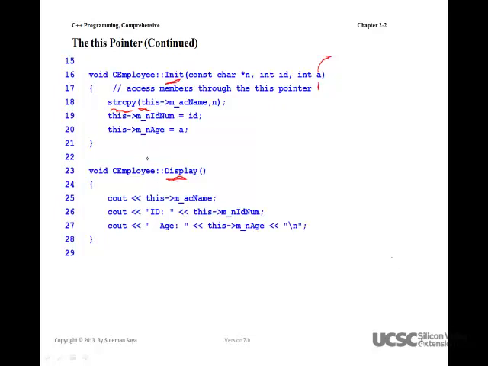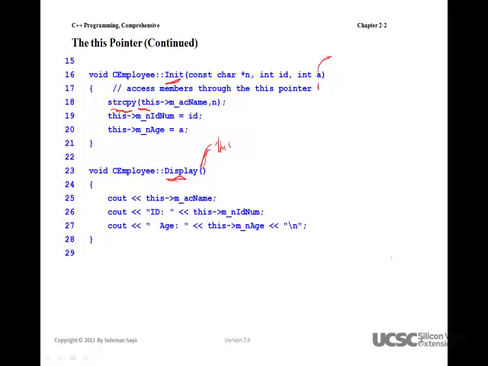So at line number 23, I have a display function. In the display function, even though there are no parameters, there will be at least one single parameter right here. It will be this pointer right here of type CEmployee. How is this going to come? During the compilation, the compiler will insert that.